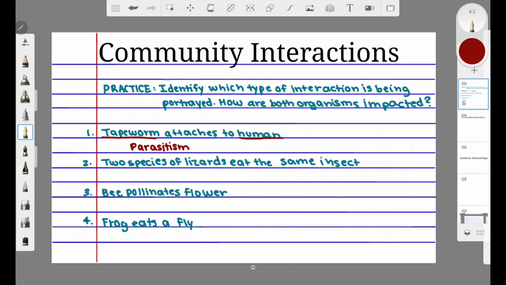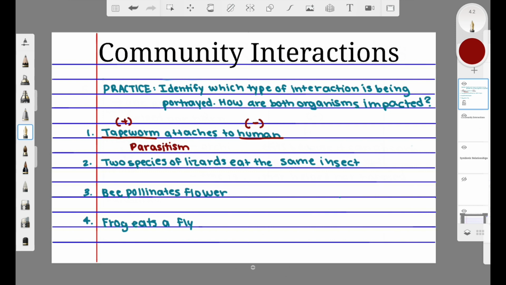And how are both of the organisms affected? Well, the tapeworm is the parasite, so it is benefited, while the host is harmed because the tapeworm is taking its nutrients and weakening the host.